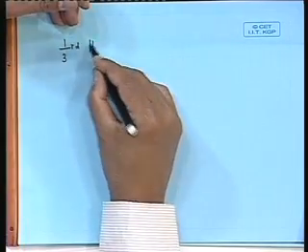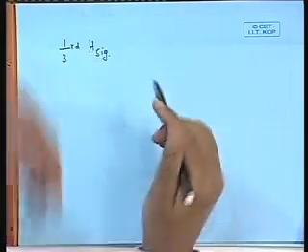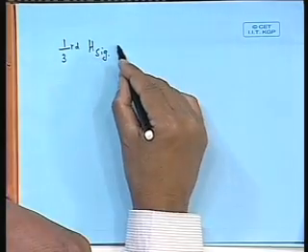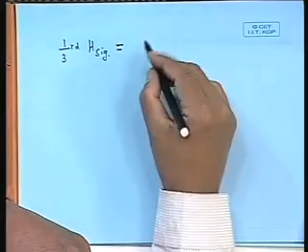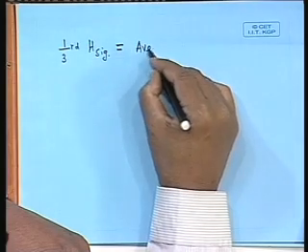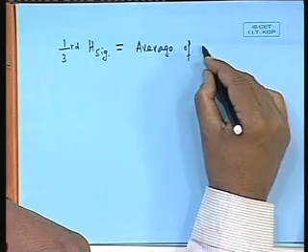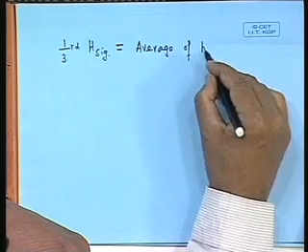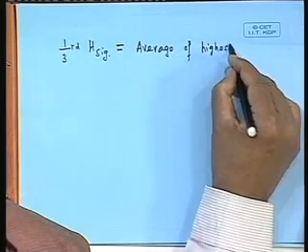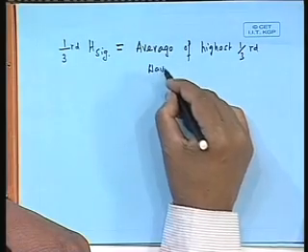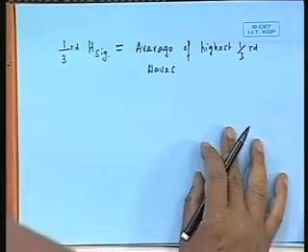People call it 1/3 wave height or significant wave height, both are the same. By definition, this is the average of the highest 1/3 waves. Now this requires some description.